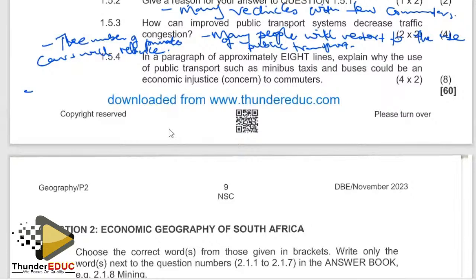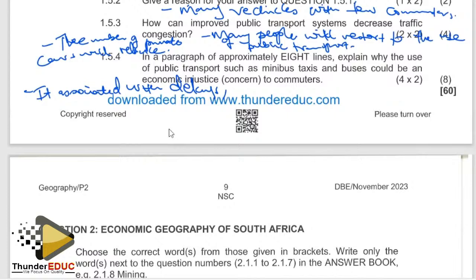We say that it's an economic concern because it is basically associated with delays. Why do we say delays? Because as one bus will be waiting for 60 people, it will take a lot of time for it to get full, which now becomes a problem or a concern to the commuters.